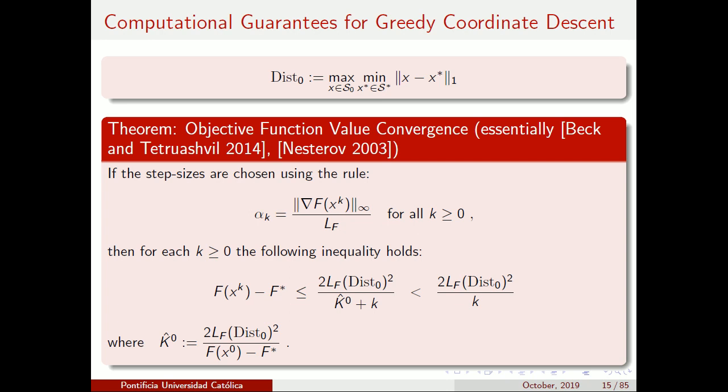And then this number k hat naught, here's its definition. Whatever. But I want you to look at the denominator here. This says if the initial point has a very good objective function value, this denominator is going to be tiny, which means k hat naught is going to be big. This is the initial kick that I get from having a good starting point.